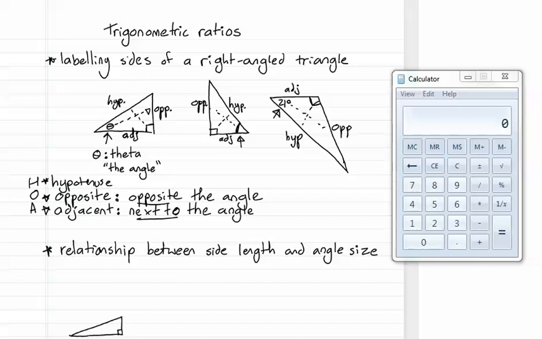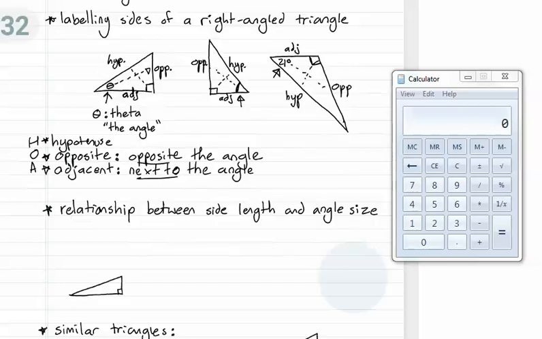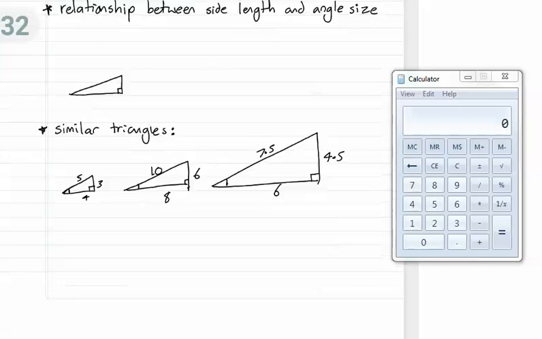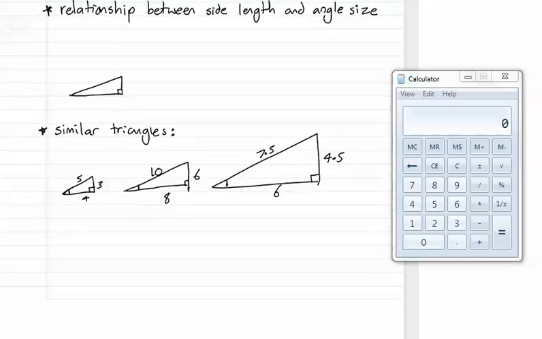So we need to be able to label these sides. Now the next thing we need to know to study trigonometry is that there's a relationship in any triangle between the side length and the angle size. We already know that the biggest side is opposite the biggest angle. The smallest side is opposite the smallest angle. And that makes sense if you think about it.